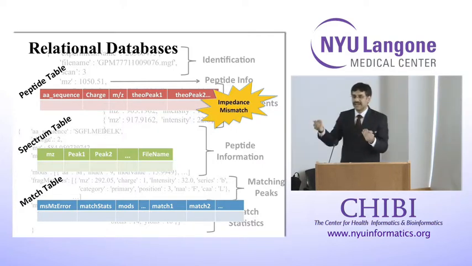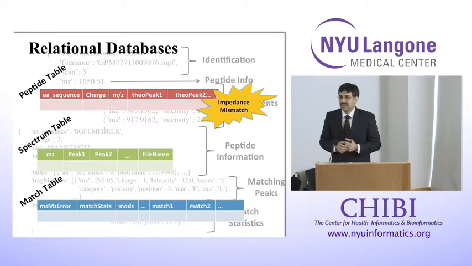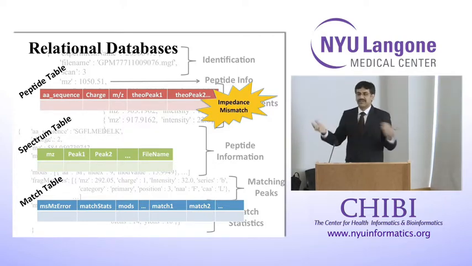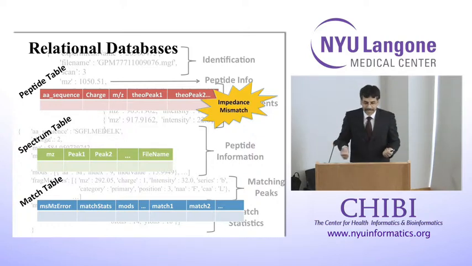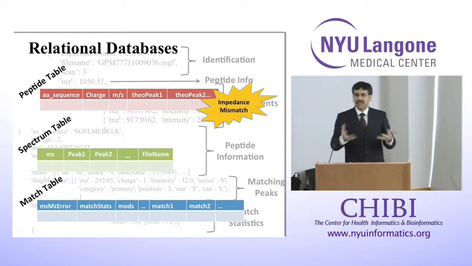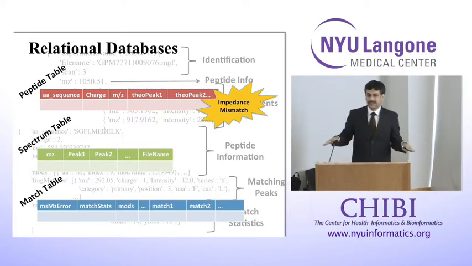It had an MZ value and an intensity value. So in order to store all these complex things in tables, you need to, again, do awkward things. You need to break them down into different tables, different columns. So basically, all the data structures that you have in your application code, lists, dictionaries, embedded objects, you need to flatten everything out and store in tables. So that's not good.